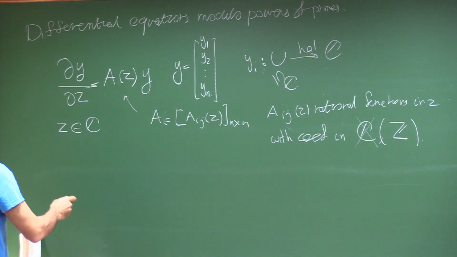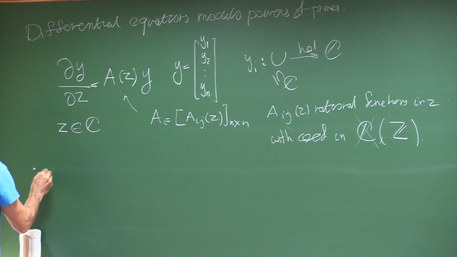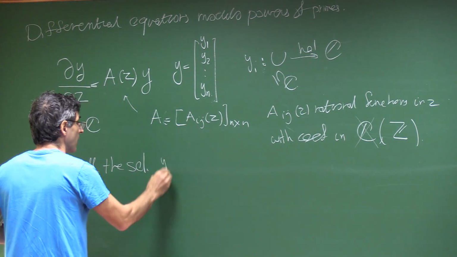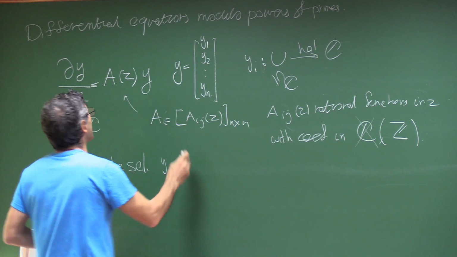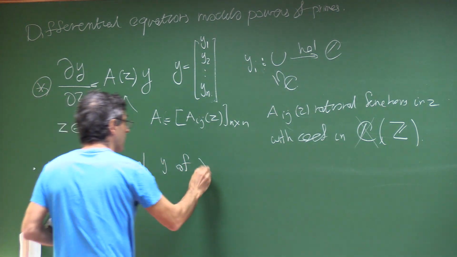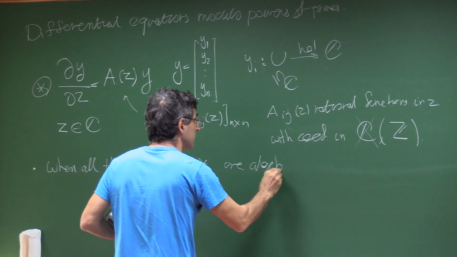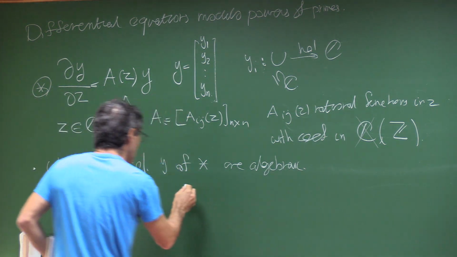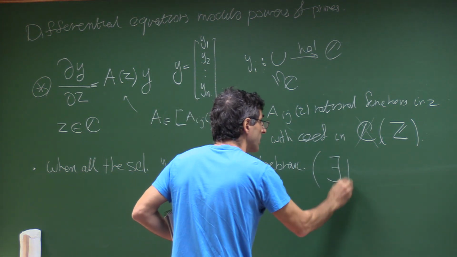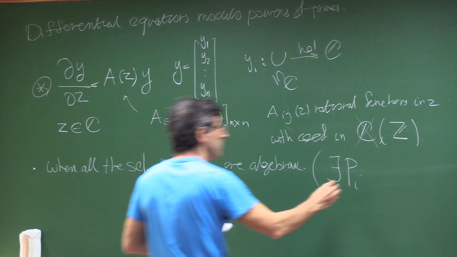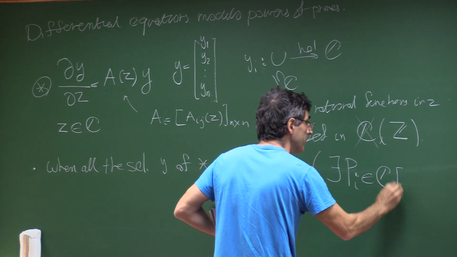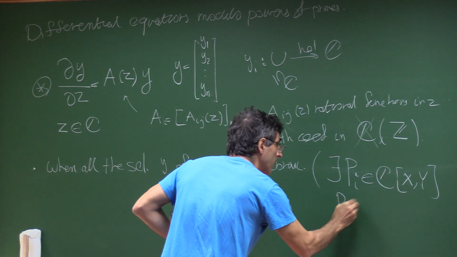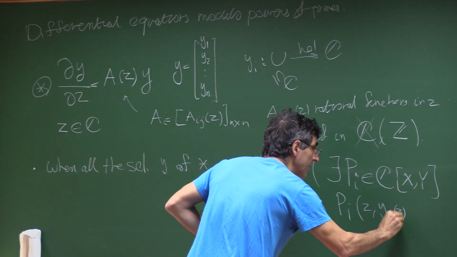What we are interested in on this differential equation. So the question is, when all the solutions y of this are algebraic, and what this means is that its entries, if any solution that you take, there will be polynomials a priori with coefficients in complex numbers, polynomials P_i such that P_i(z, y_i), the holomorphic function, is 0.